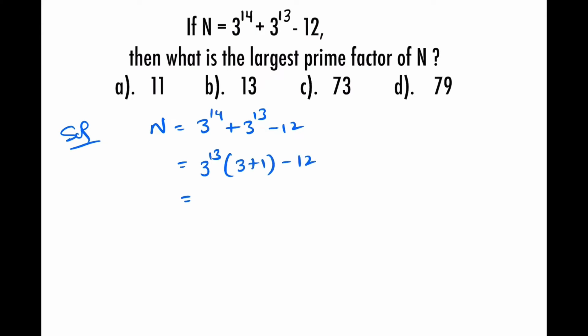So this is equal to 3 raised to the power 13 into 4 minus 12. Or we can write 3 raised to the power 12 into 12 minus 12. Taking one 3 out, 3 into 4 equals 12. So this is 3 raised to the power 12 into 12 minus 12.